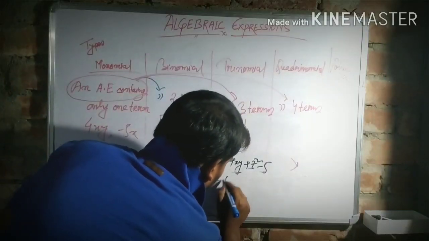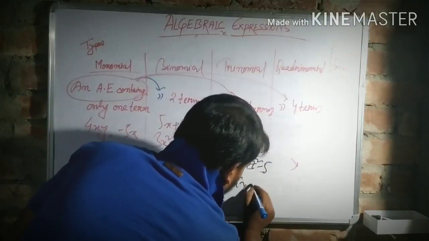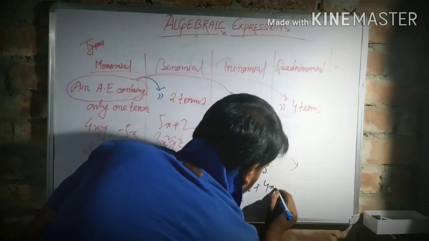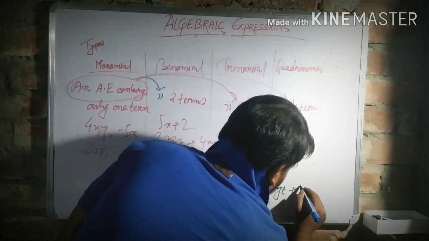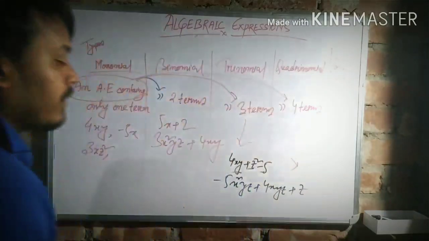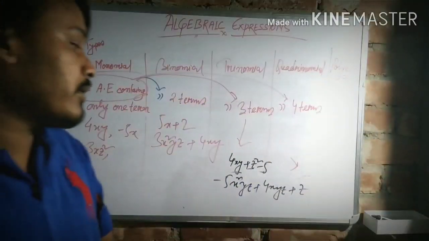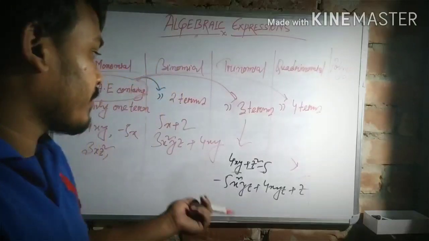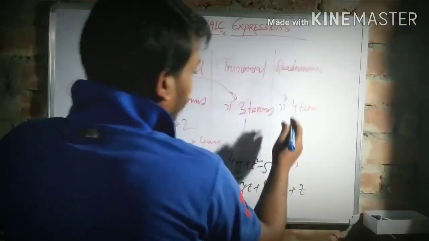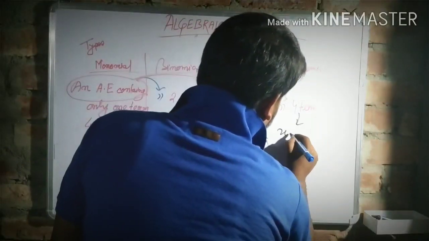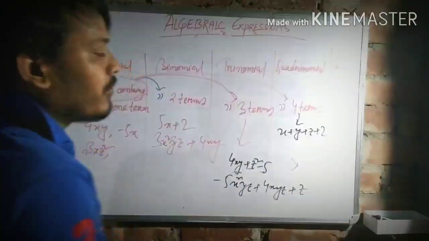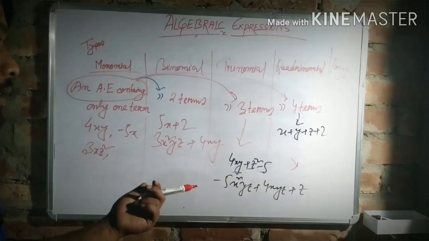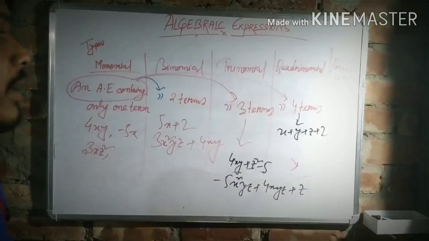Or minus 5x²yz plus 4xyz plus z, containing 3 terms. So it is a trinomial. Quadrinomial contains 4 terms: x plus y plus z plus 2, so containing 4 terms. It is a quadrinomial.